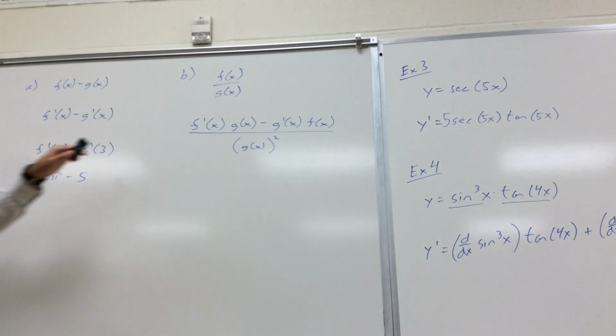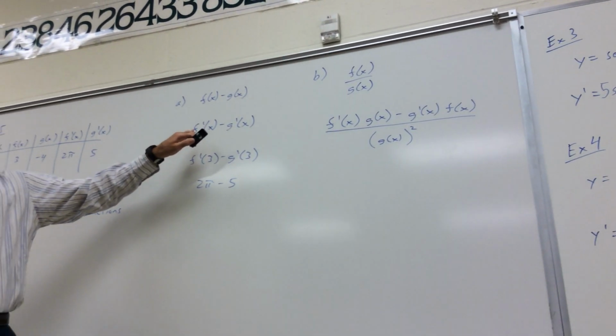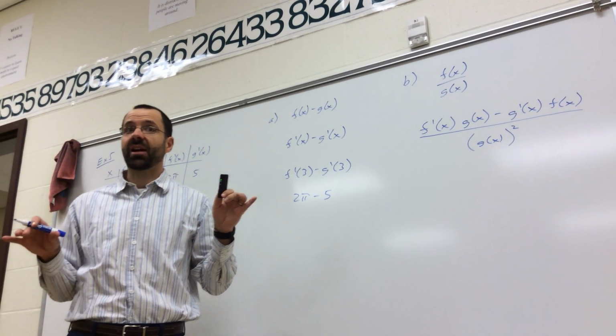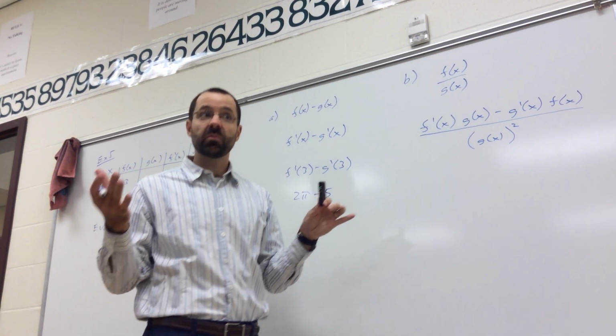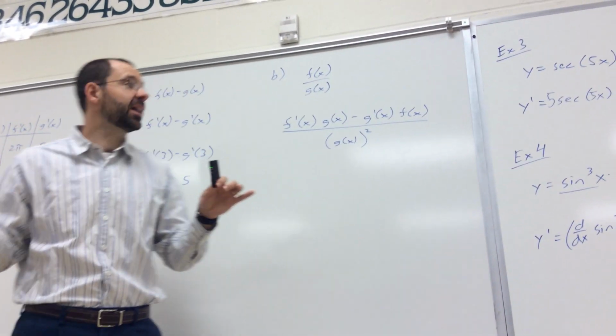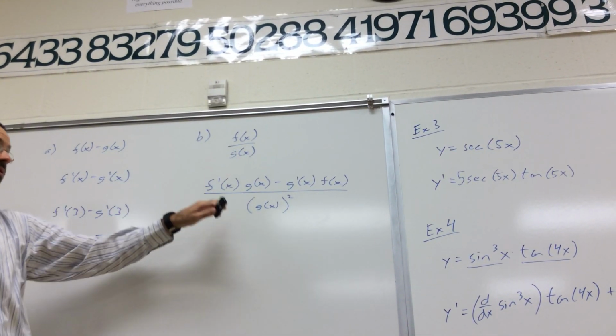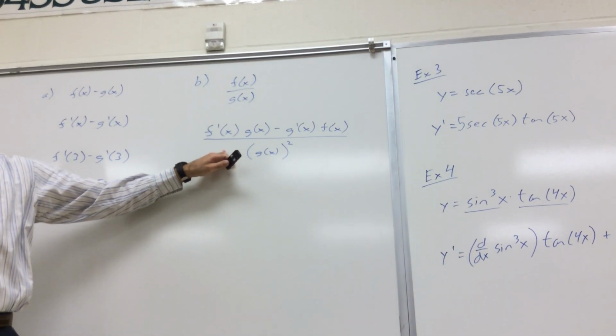Subtraction with derivatives is a piece of cake because you can just distribute derivative past subtraction. But division with derivatives is tougher because you can't just take the derivative of the top and the derivative of the bottom and divide them. You have to use quotient rule to figure out the correct derivative.